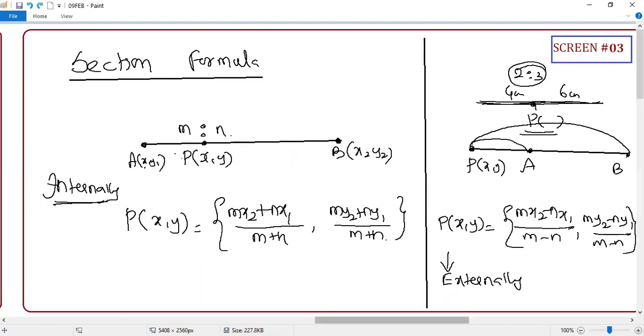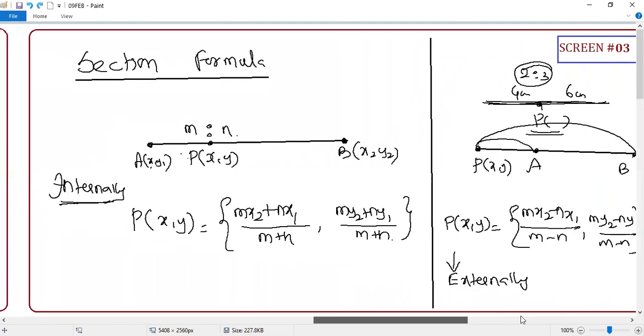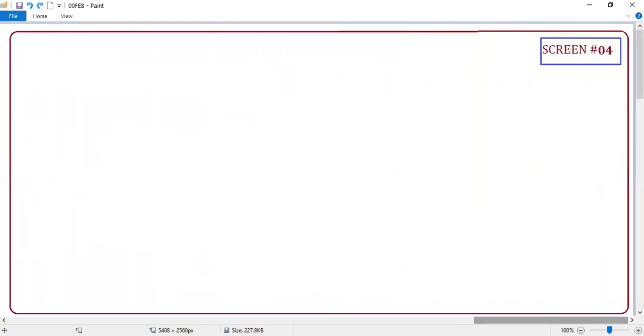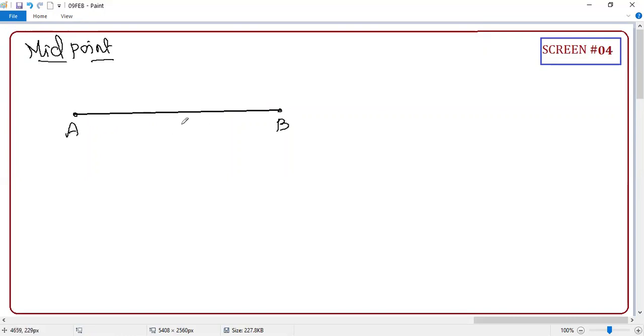Yes, right. So the section formula, continuation of the section formula, there is a special case of the section formula. What is that, sir? That's called the midpoint, students. Now again A is here, B is here, and P is here.